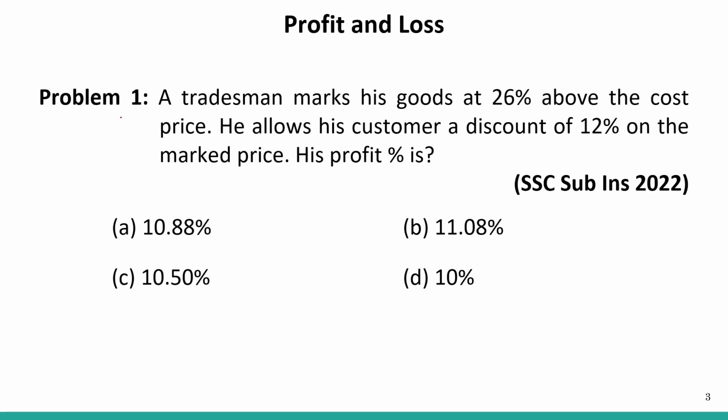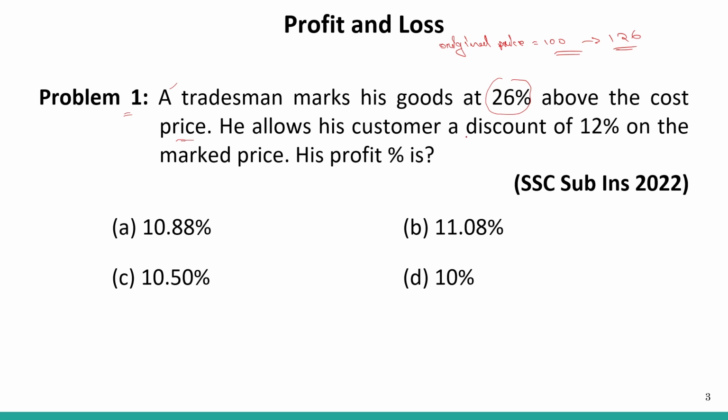So let's start with problem number 1. A tradesman marks his goods at 26% above the cost price.